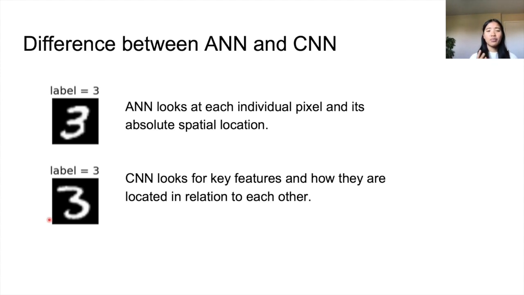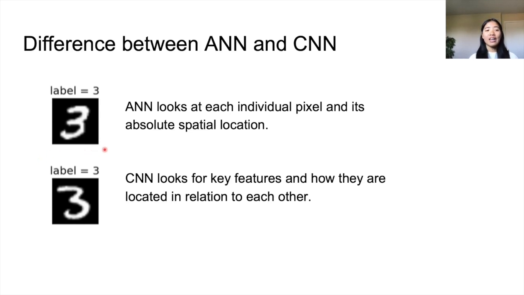So if we looked at purely just the spatial location of these white pixels, these two images would be quite different. But the reason why we recognize these two images both as the number 3 is because we see these two distinct loops that are connected. And that's exactly the difference between an artificial neural network and a convolutional neural network.